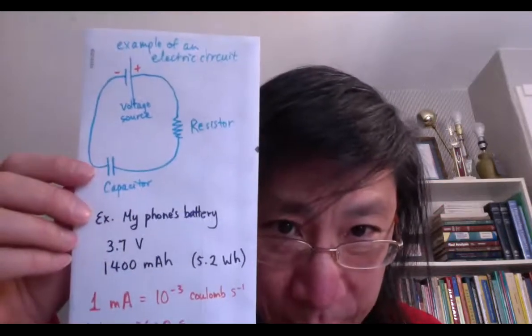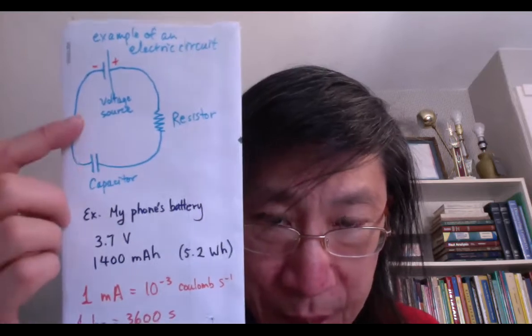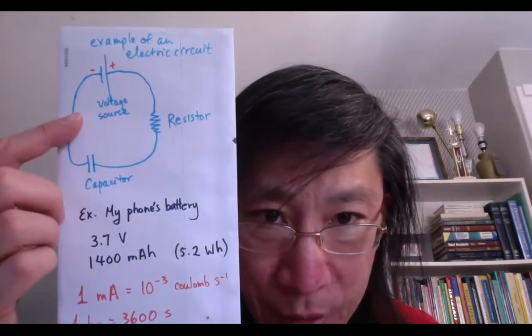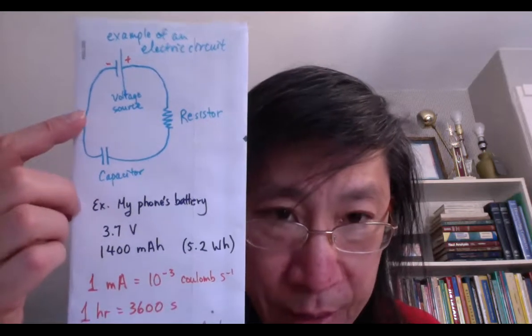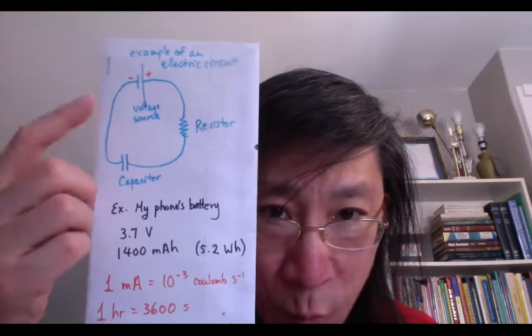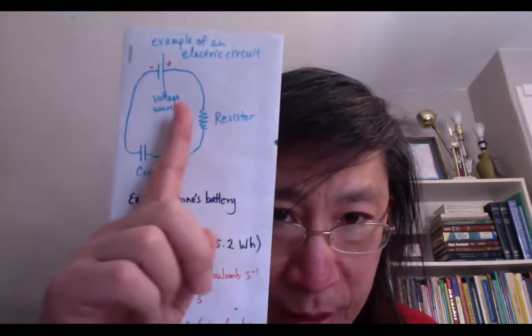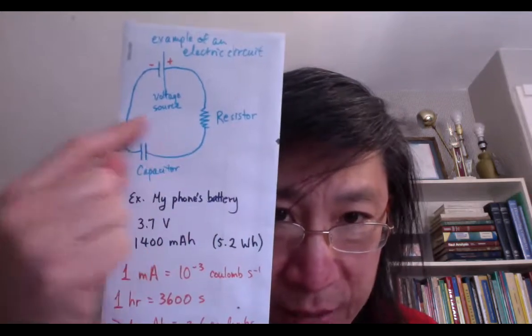All right, the example of this electric circuit. What happens if you put a resistor and a capacitor in the same circuit? Remember what happened with the defibrillator circuit. You have a switch, and in one instance, half the time you have the resistor and the capacitor together in the same loop.